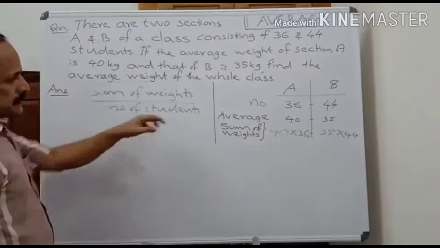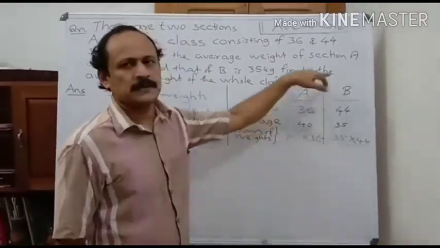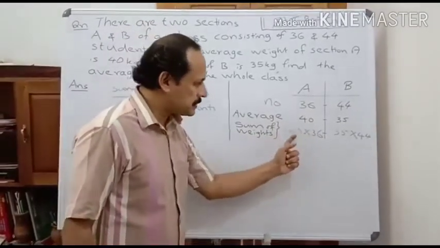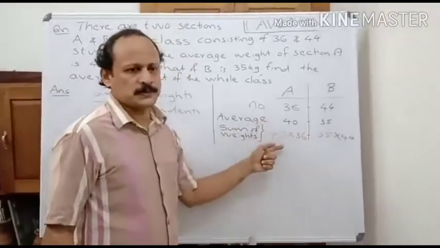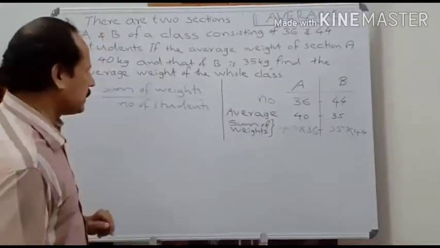This is the sum of weights of section A, this is the sum of weights of section B. If we find the sum of these two, you get the total weight of the students in the class.